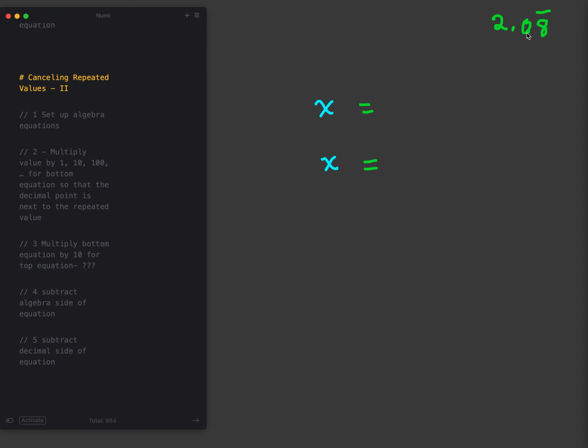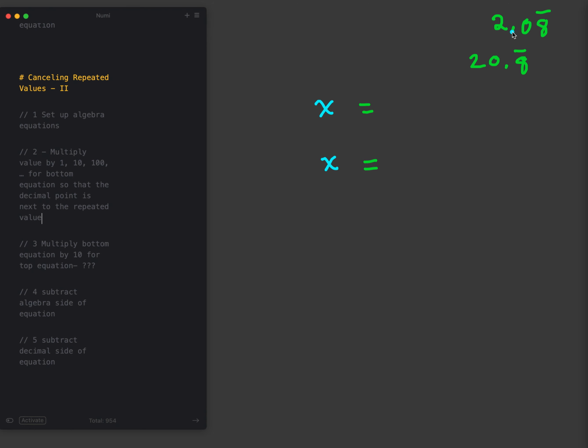So we need to multiply this so the decimal place ends up right next to our repeating value. What I really want is 20.8 repeating. Notice how I shifted this decimal place over here. The reason I did that is because I want that decimal point right next to my repeated value.